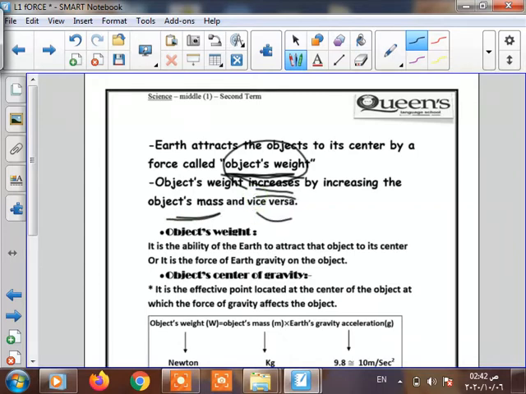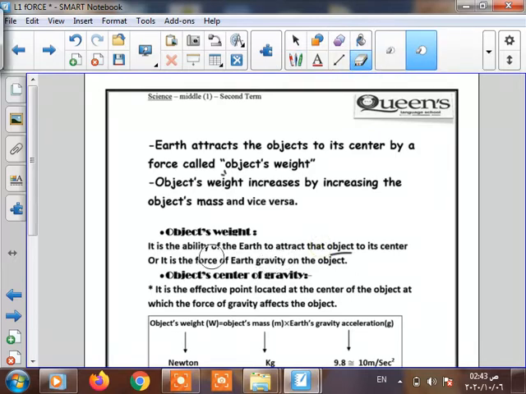So the definition of object weight is the ability of Earth to attract the object to its center, or the force of Earth's gravity on the object.